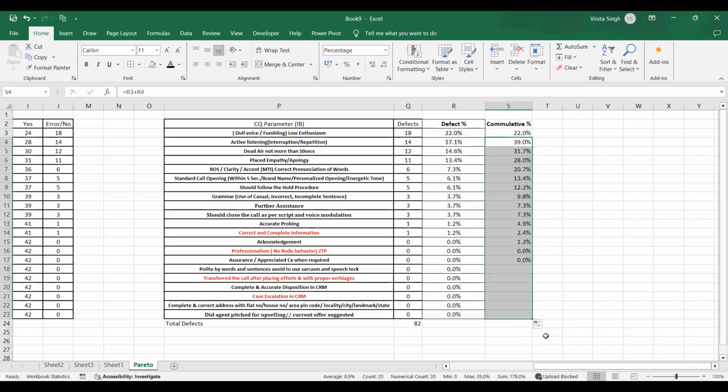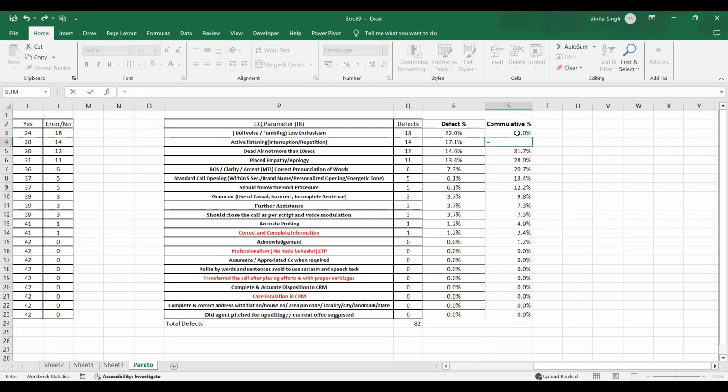And when I drag it down, if at the end you get 100%, that means it is correct. If you are not getting 100%, that means there's an error. There's an error, right?